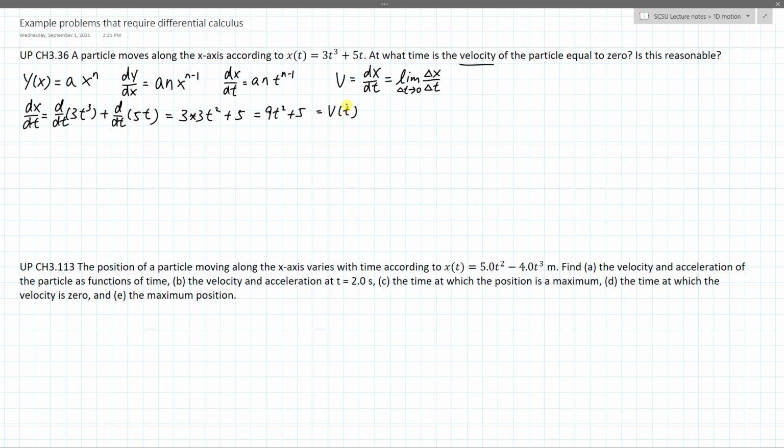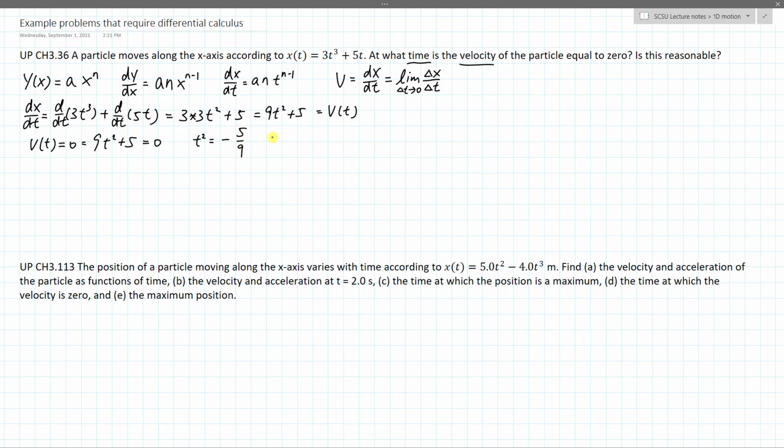You can also find the acceleration as a function of time, but we were asked about the velocity, so let's see if we can get the answer. We were told to find the time t when the velocity is 0. That means 9t squared plus 5 is equal to 0. Is that reasonable? Well, we have t squared equals negative 5 over 9.